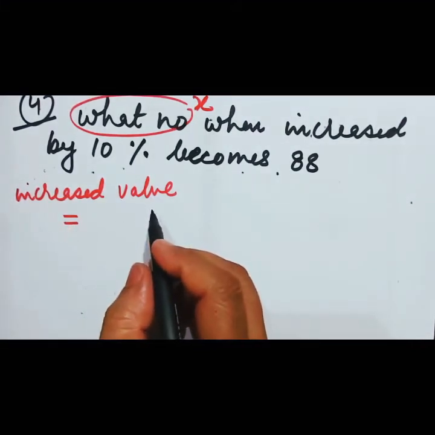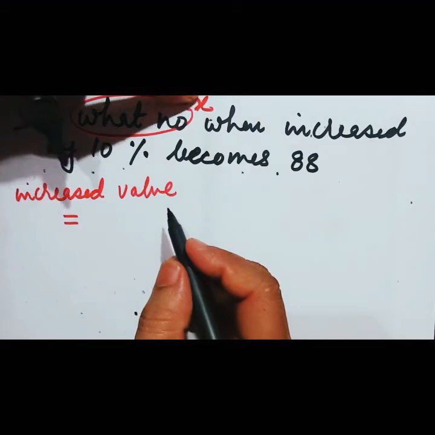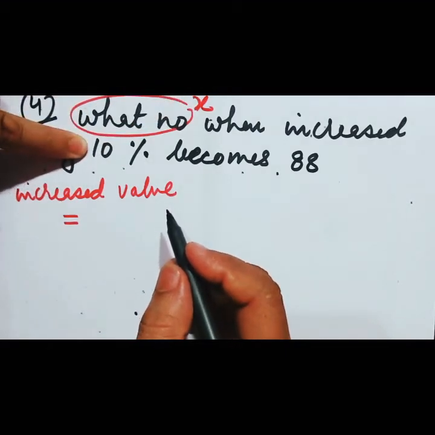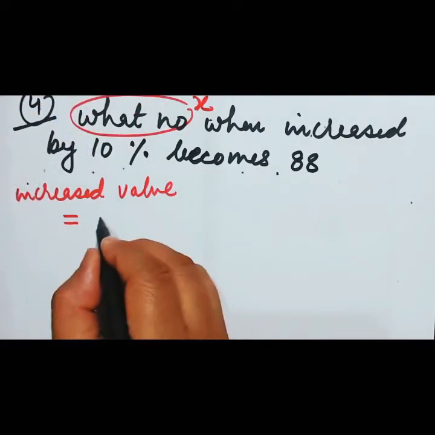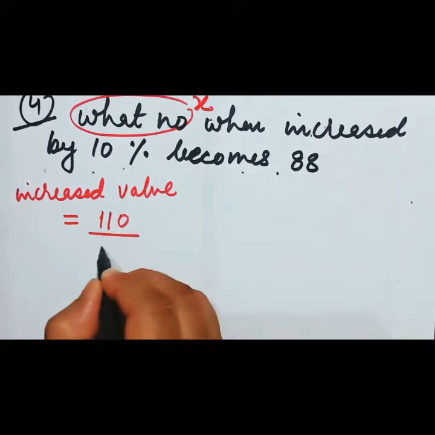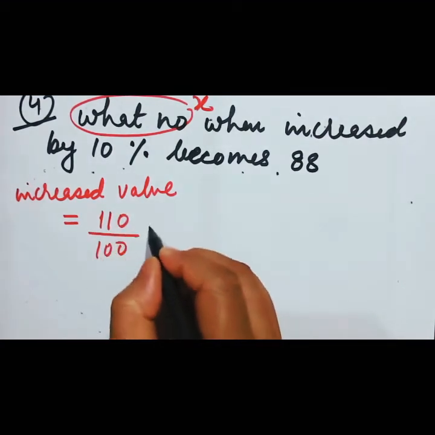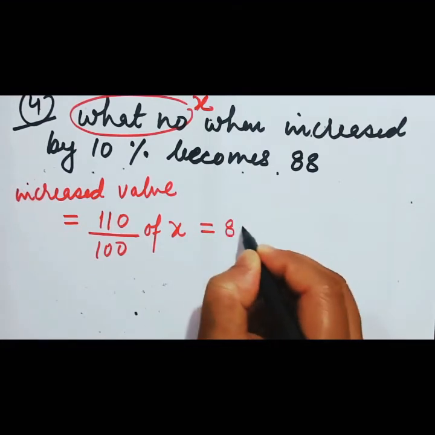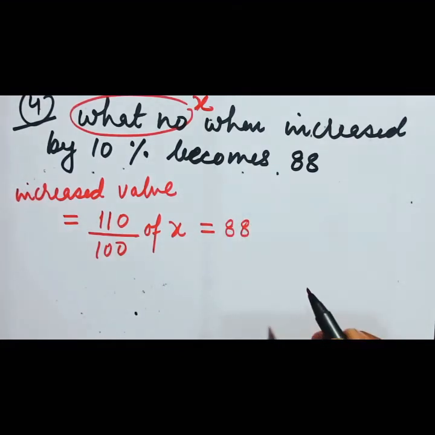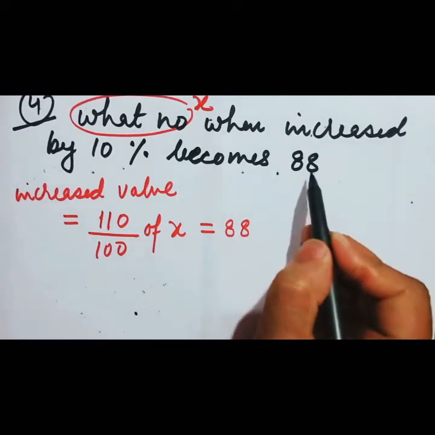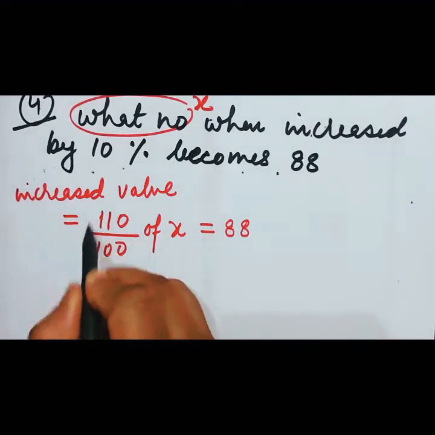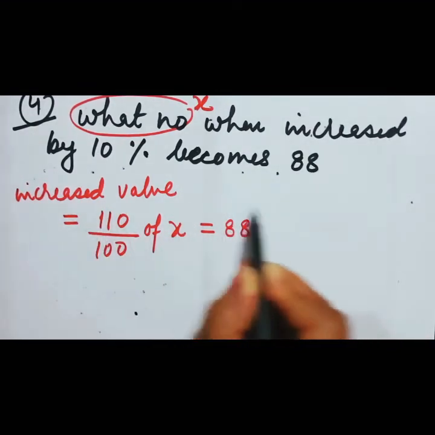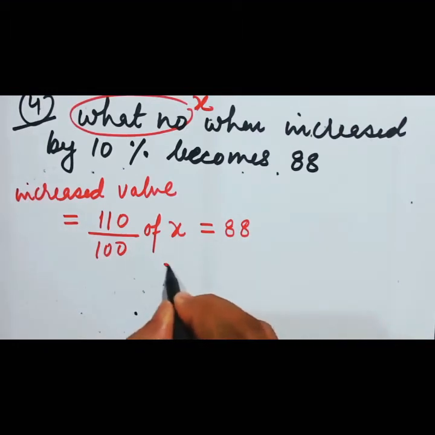Since you are increasing x by 10%, it will be 110% of x, which will be equal to 88.